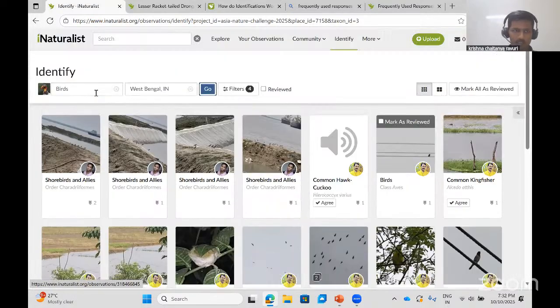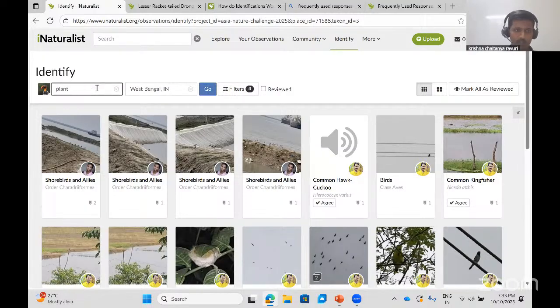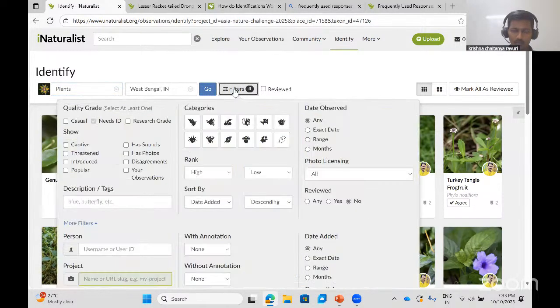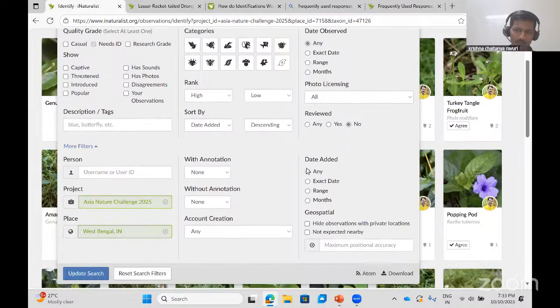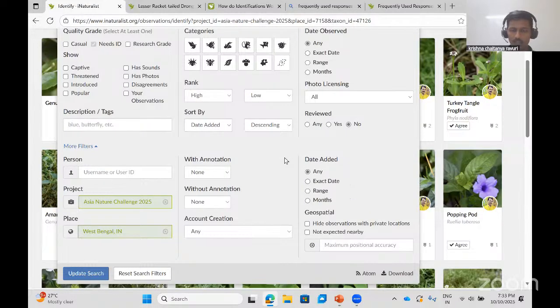There's also another filter option which is helpful. I'll show that. So say you're searching for plants and you want to look at plants which are stuck at one particular level.